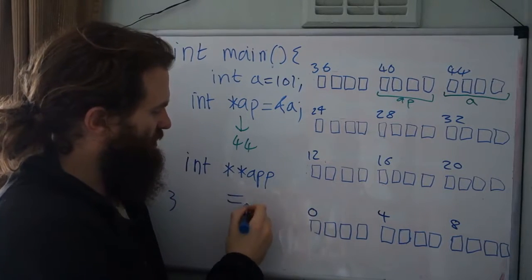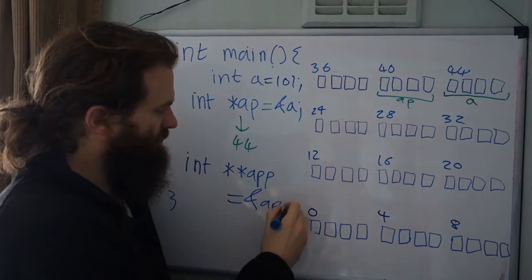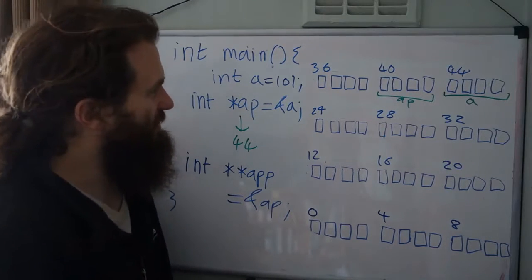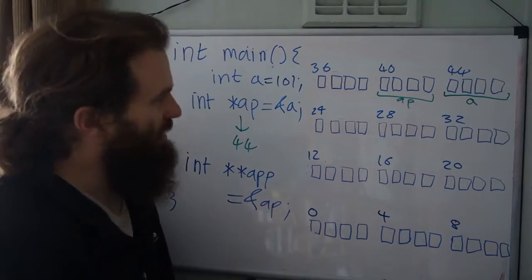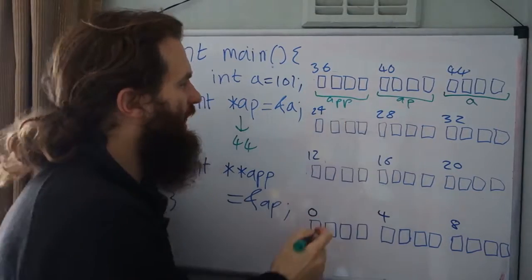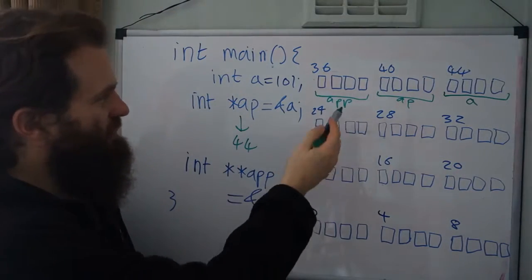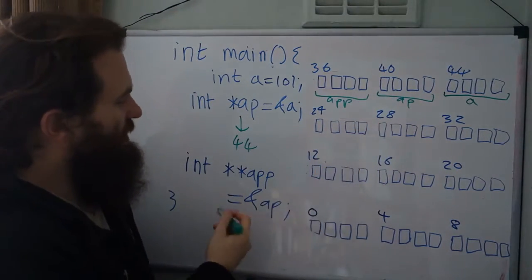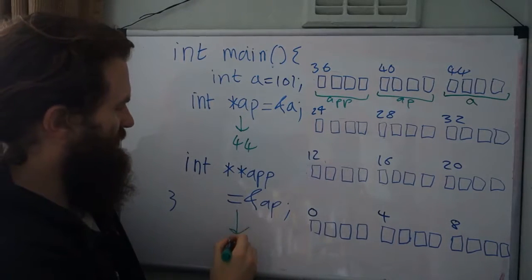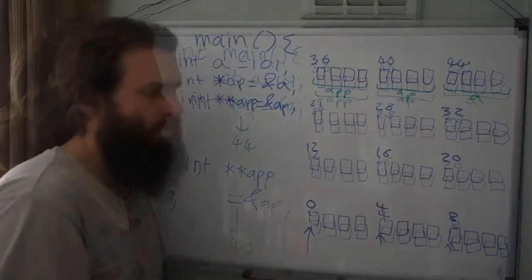So if we take the address of AP, of course now we've created another variable which is now going to be here in the stack frame, and what's in there is the address of AP. So the address of AP is the value 40, so this has the value 40 in it.